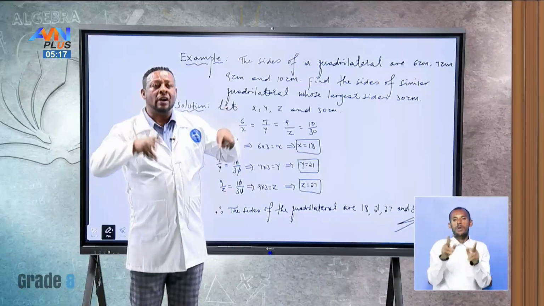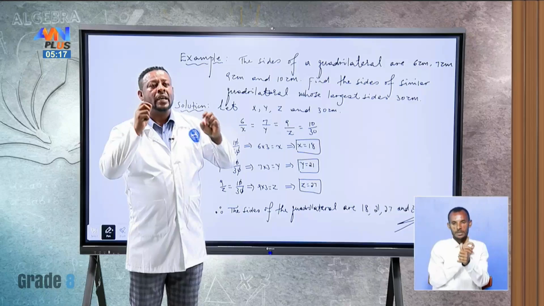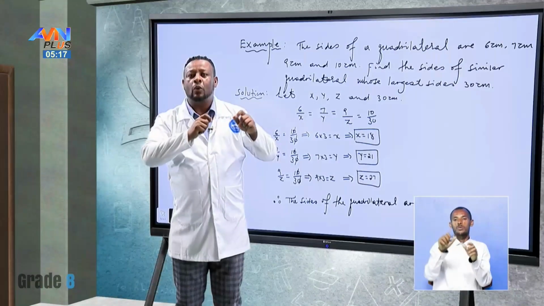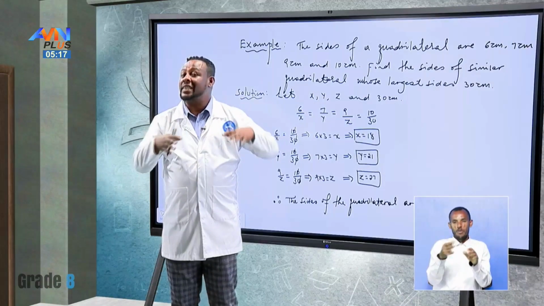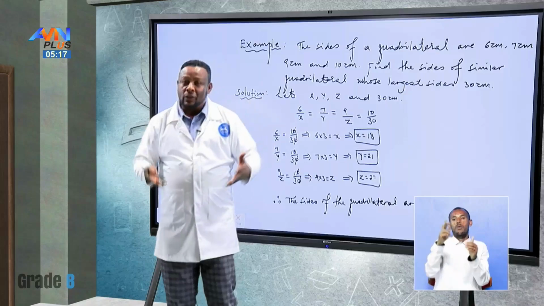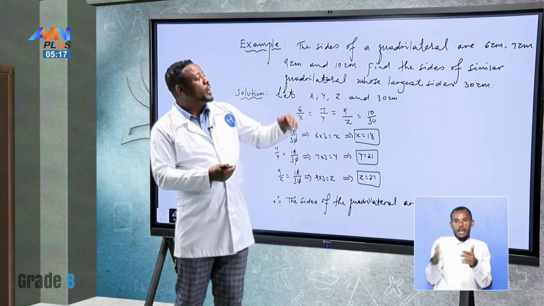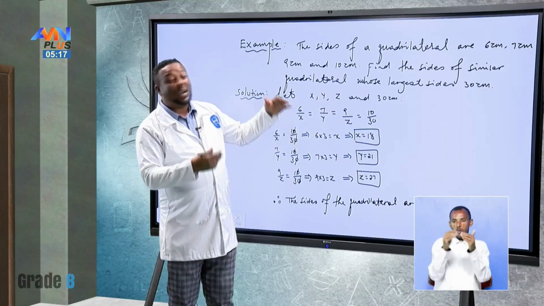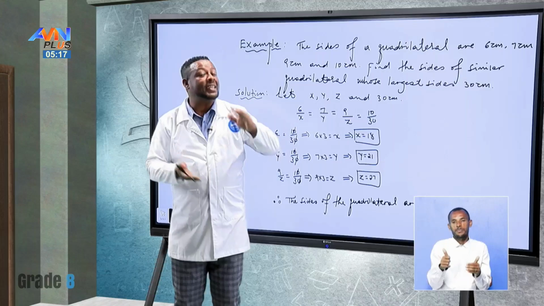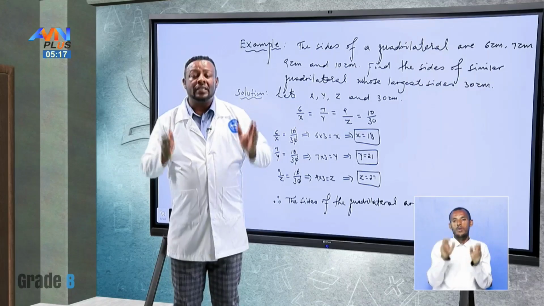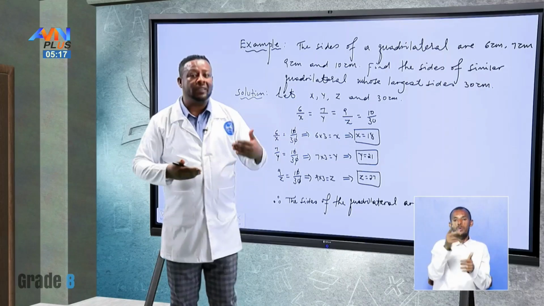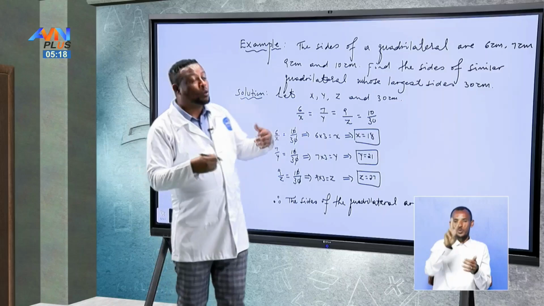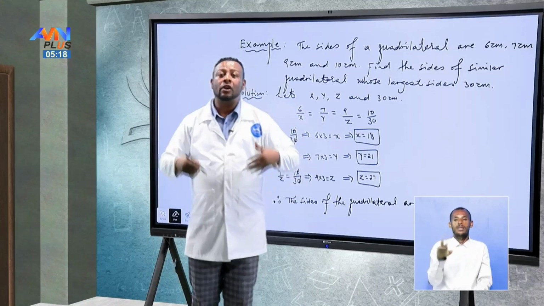The first one is you need to cross-check whether the pairs of corresponding angles are congruent or not. The second one, you need to cross-check whether the ratios of all pairs of corresponding sides are the same or not. Okay, this is how you check whether two polygons are similar or not.